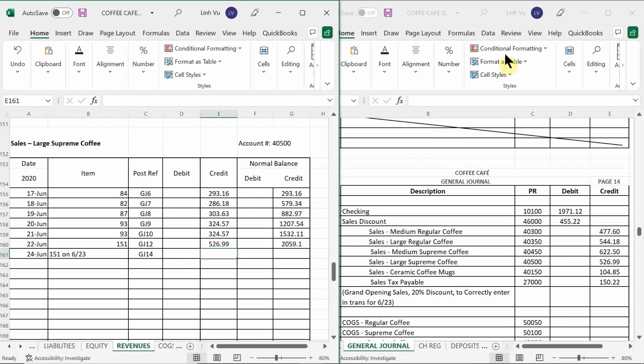For a total of $526.99. So what is my ending balance in my sales for large supreme coffees?